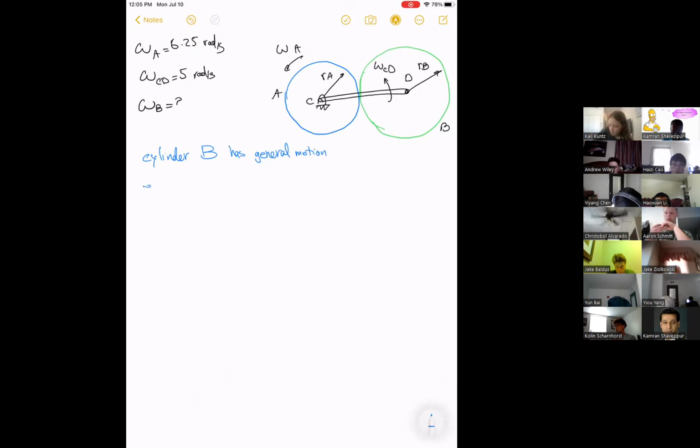Remember, we use IC for a link with general motion, right? So we can use IC for B.